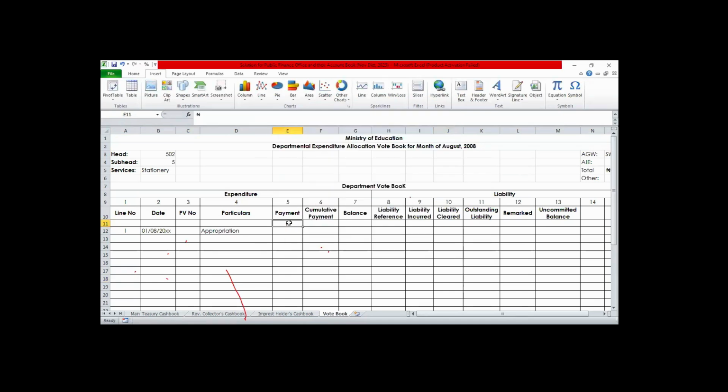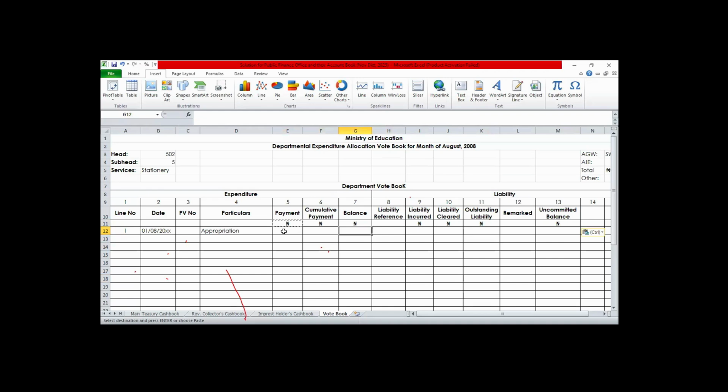Now, that appropriation will appear under the balance.